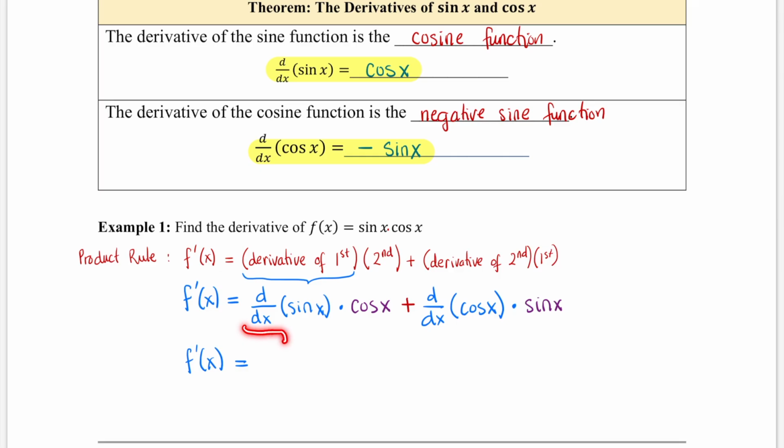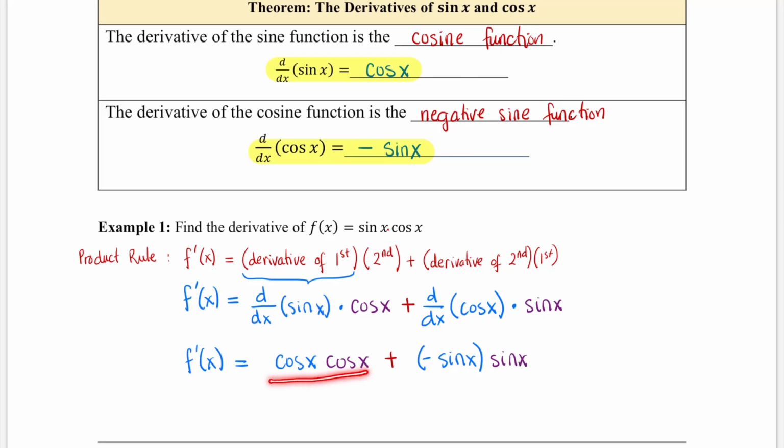The derivative of sine x is cosine x, multiplied by cosine x, plus the derivative of cosine x, which is negative sine x, times sine x.